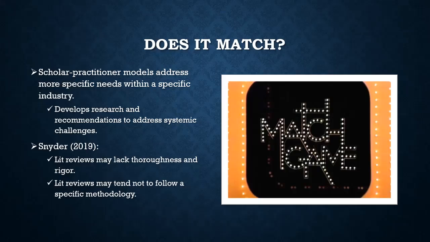So basically what Snyder is saying is that although students are taught to conduct literature reviews to support the problem statement or the selection of the research design and the scope of the study, the process of how the lit review is being conducted may lack thoroughness, as well as there may not be a concise method in the approach for the literature review, which ultimately affects the development of the research design as well as the connectivity to the problem statement.